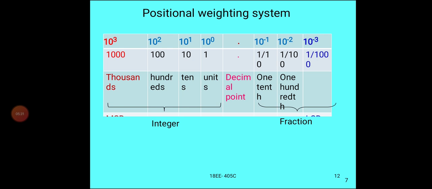Whereas after the decimal point, 10 to the minus 1 means 1 by 10, 10 to the minus 2 is 1 divided by 100, 10 to the minus 3 is 1 by 1000. These are the fractional values. On the left side of the decimal point, all are integer values.